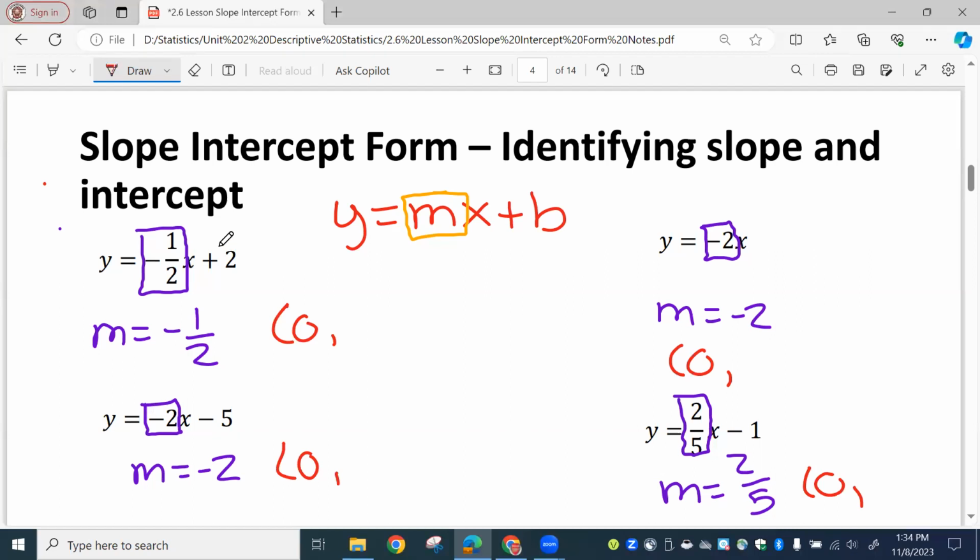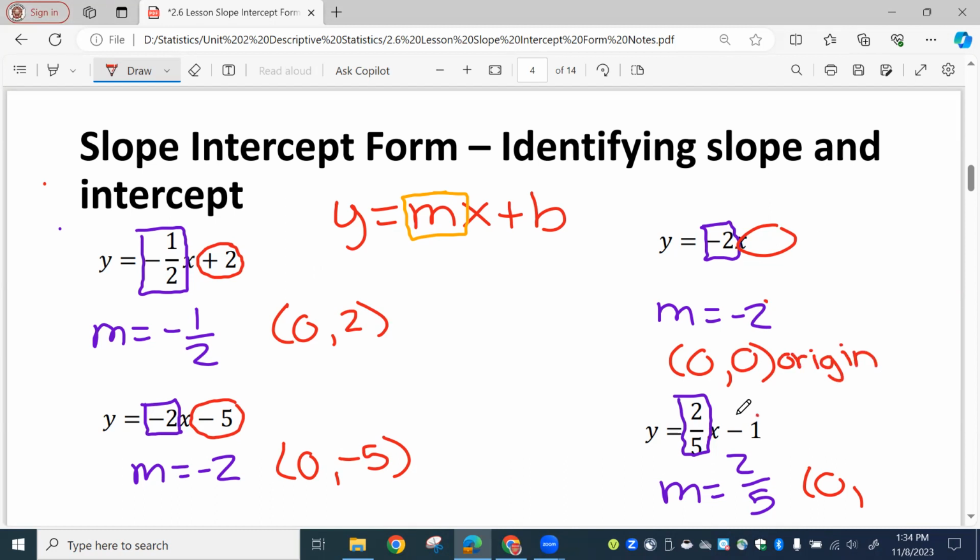The y value is always that sign and then the number. So here our y value is +2. Here our y value is -5. Here our y value, well, there's nothing there, so our y value is 0. This goes through the origin. And here our y value is -1.